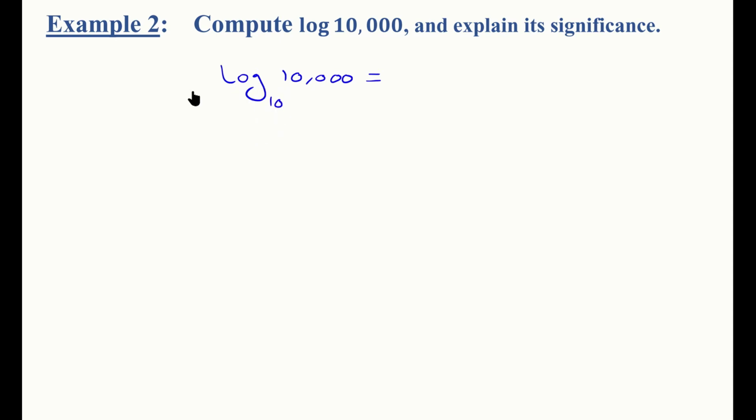Remember, when you want to find the log, look at this invisible exponent right between these two numbers, so that when you raise the base to the power of that exponent, you get this number. And of course, you know 10 to what power gives 10,000. That's an easy answer, and we know that that's going to be 4. So with some of these, you should not use a calculator.